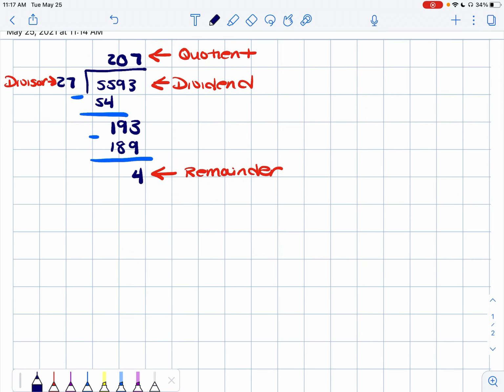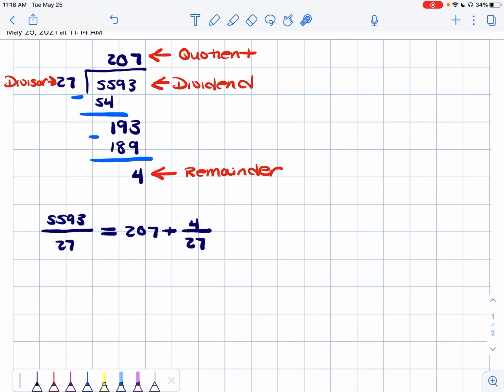Okay, so what this basically says then is that 5,593 divided by 27 is equal to 207 plus our remainder of 4 over the divisor of 27. Okay, so it's always equal to the quotient plus the remainder over the divisor. Okay, so that's just basic long division that you guys learned probably in elementary school.